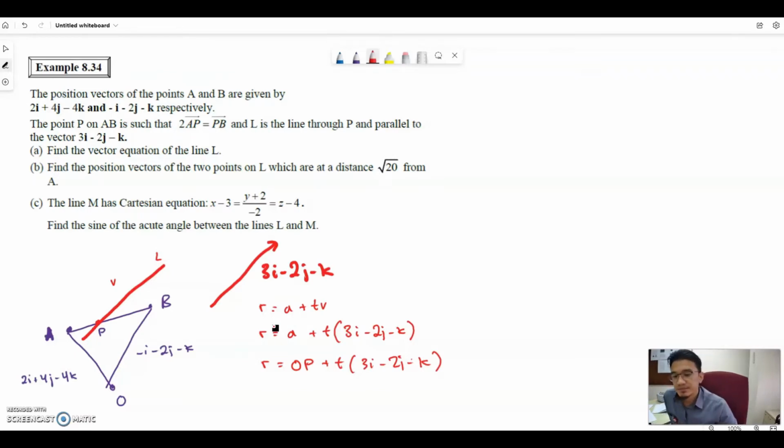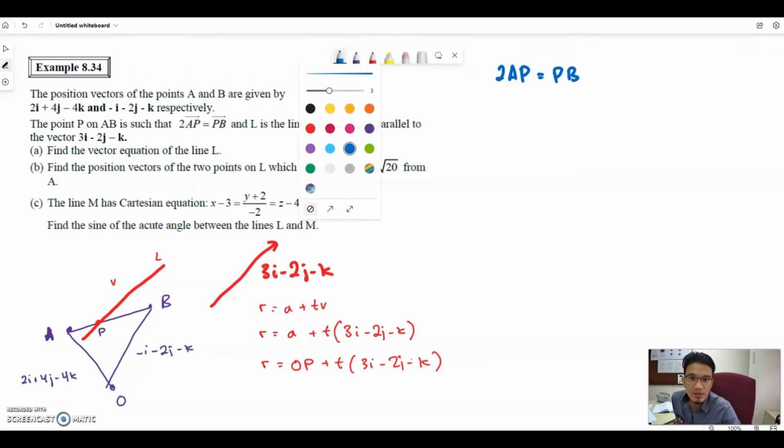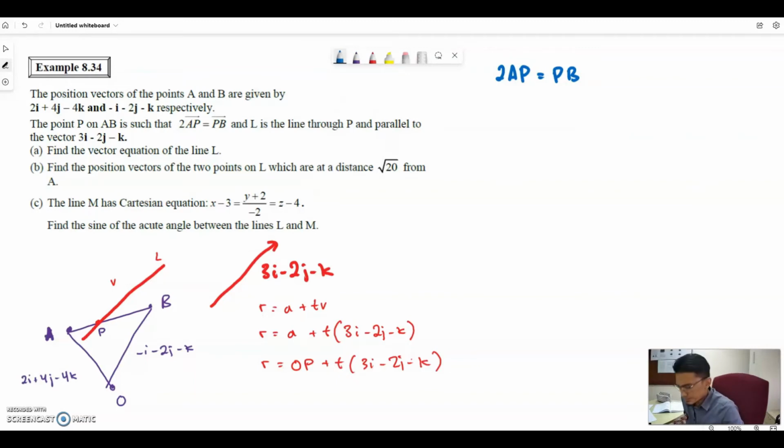To find the vector OP, we are given that 2AP equals PB.